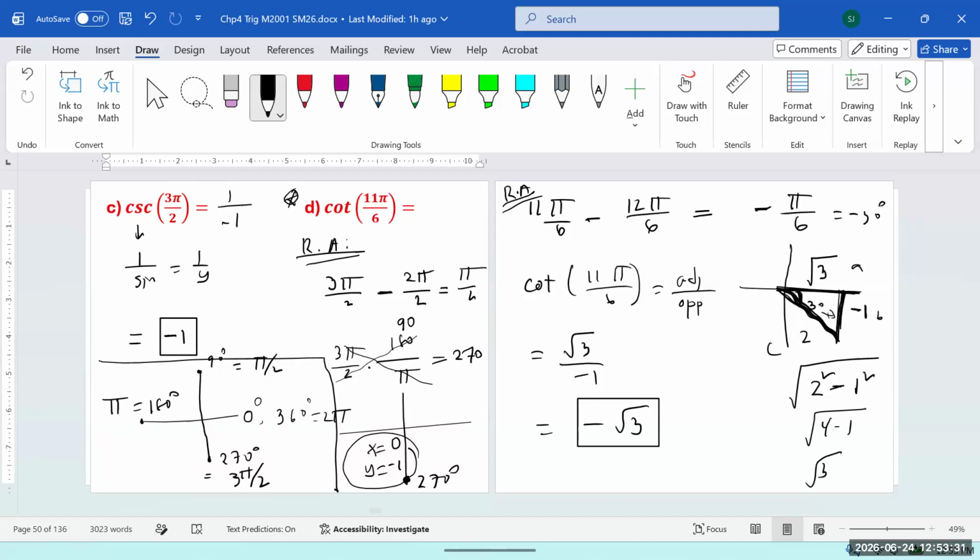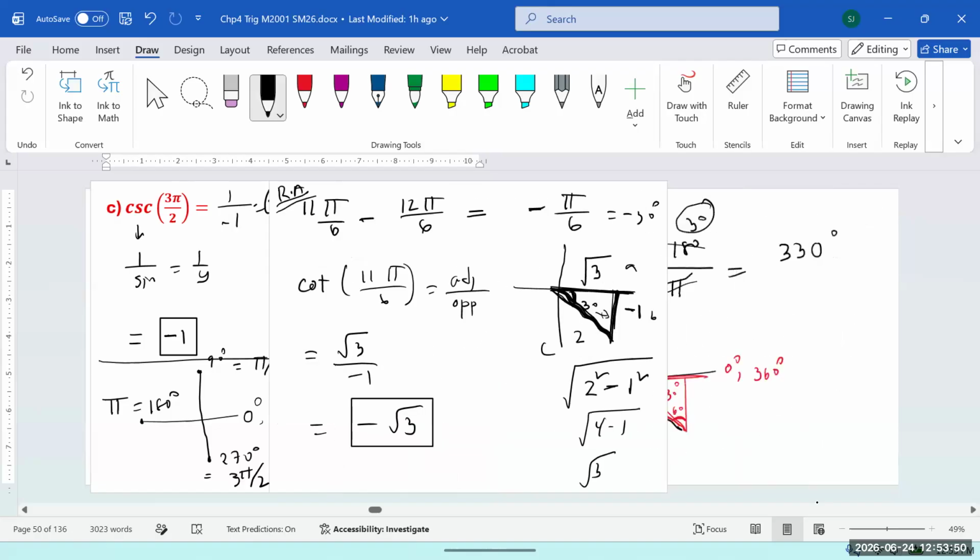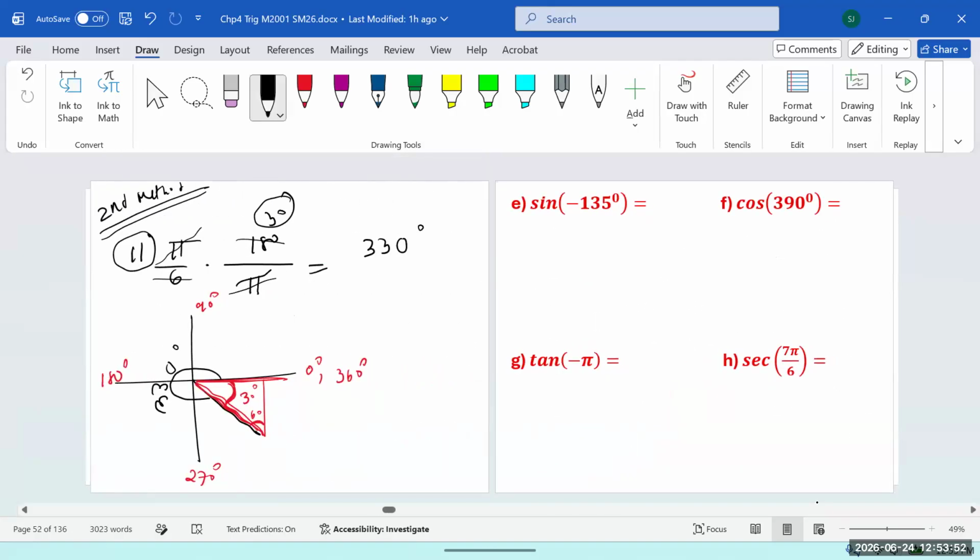So this one is -1. How did we find out? Based on our degree, 270 degrees. So you look at x and y value and relate the cosecant either with x or y. And it's related to y, not with x. Simple. Now for the next one, we have -135 degrees. Negative means you're working clockwise.